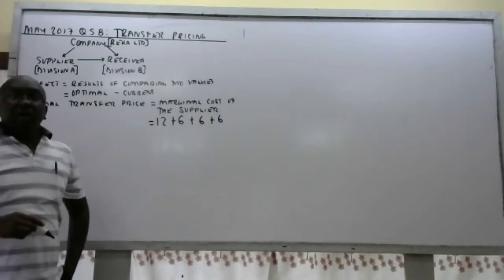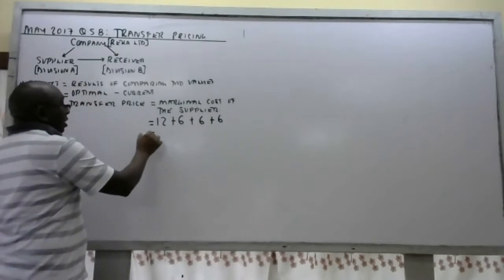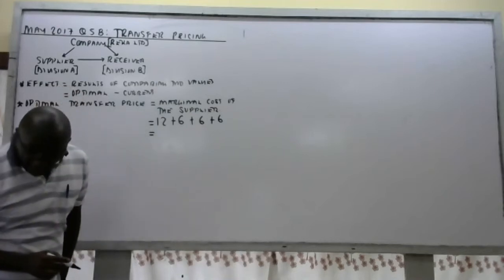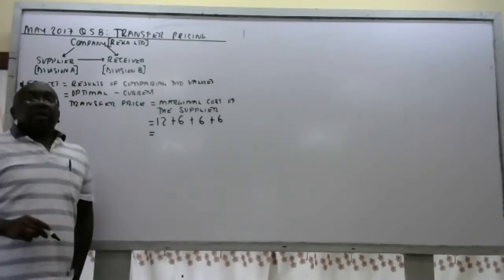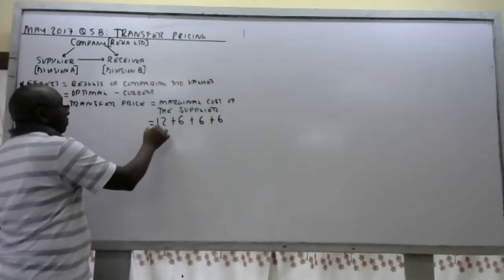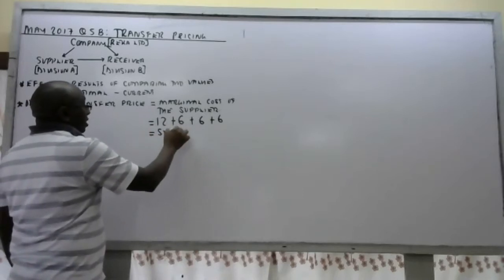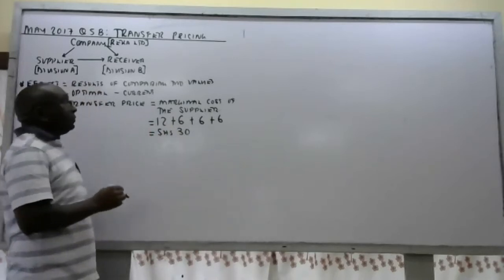The selling will not be included because according to information 2, the selling is not charged. And even if we were not told that, we should know. So when you add this, this gives you that shillings.